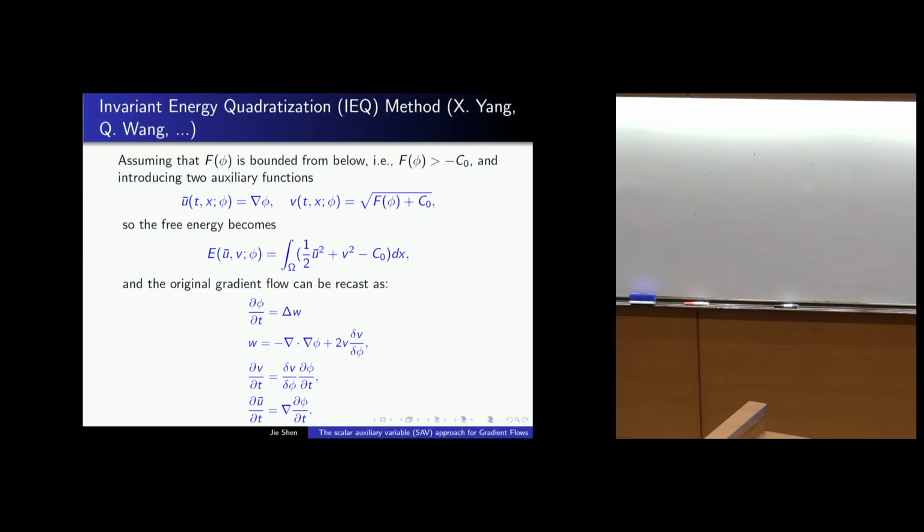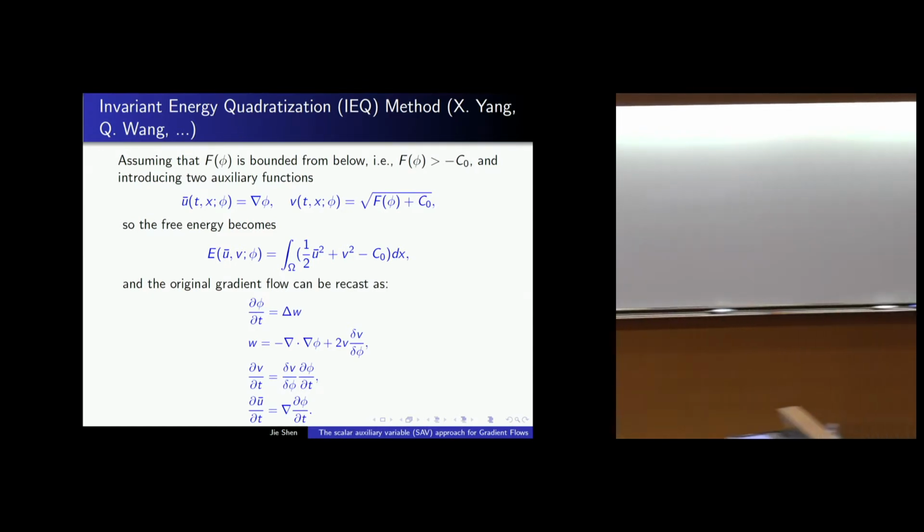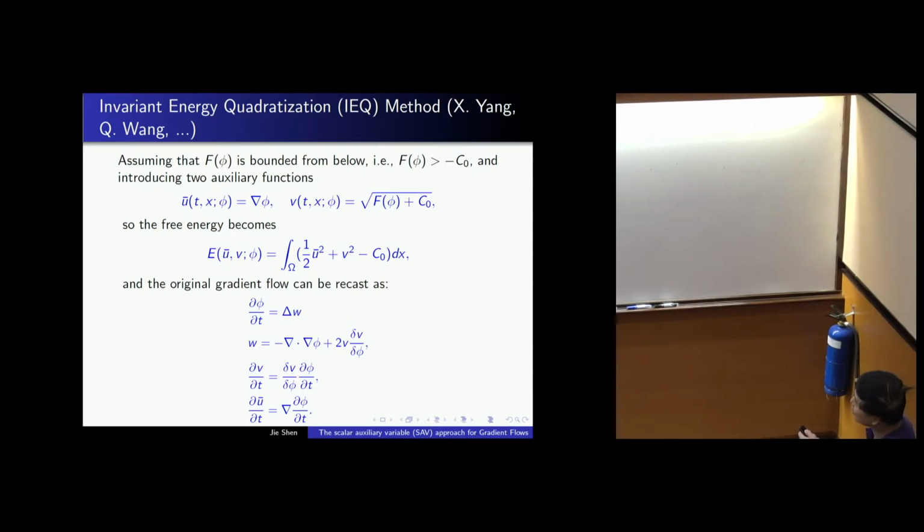And so when this is true, then you can write your functional as a sum of squares. The constant doesn't matter, right?